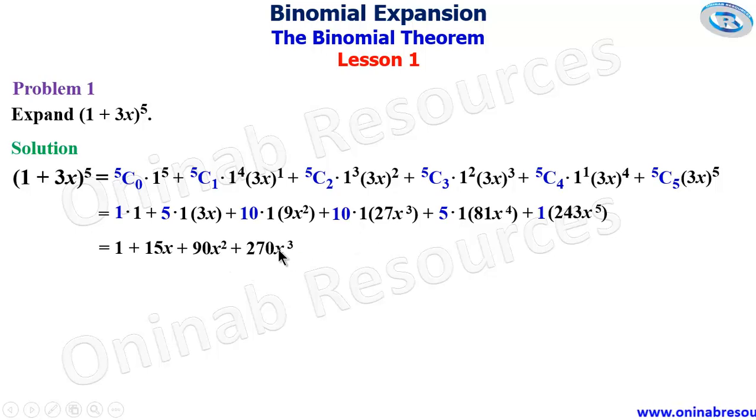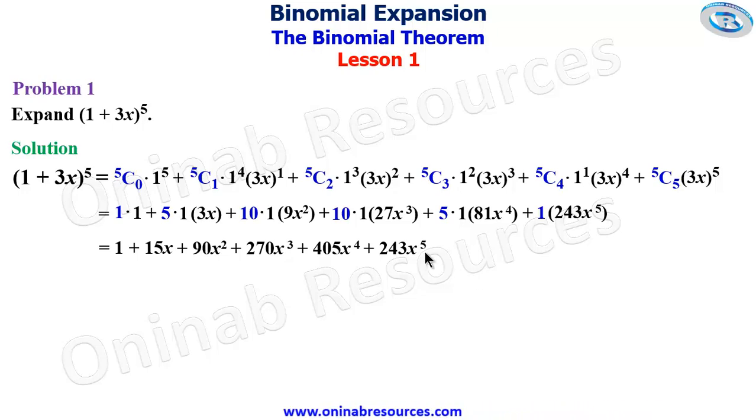So we have it as plus 270x cubed. Then here we are going to have it as 405x raised to power 4. Then plus 243x to the power of 5. So with this, we have successfully expanded the problem represented in problem 1.